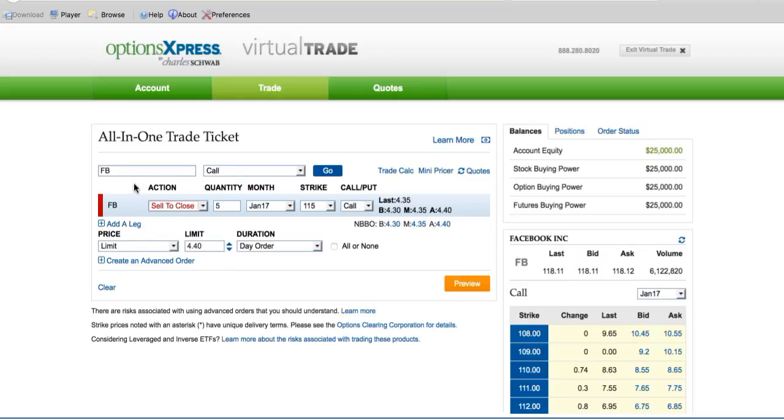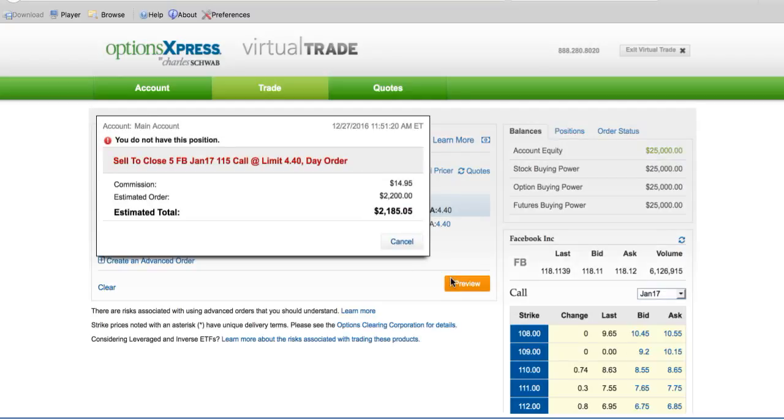So right here, again, I'm going to double check, and I can see sell to close. I own the 5 contracts of Facebook. Now I'm going to preview and sell it. Well, I don't have that position right now because I didn't place that order before, so it gives me an error that I don't have this position. But you'll see what happens.